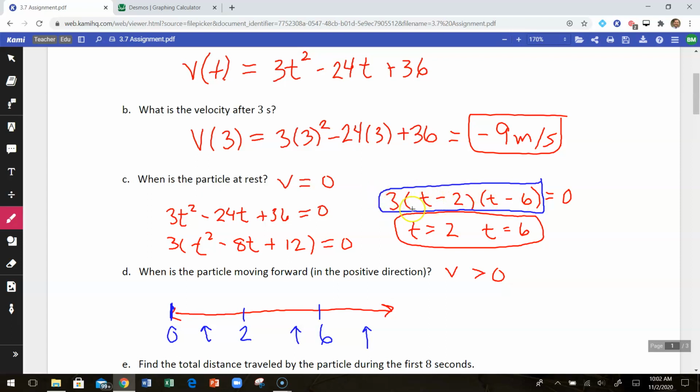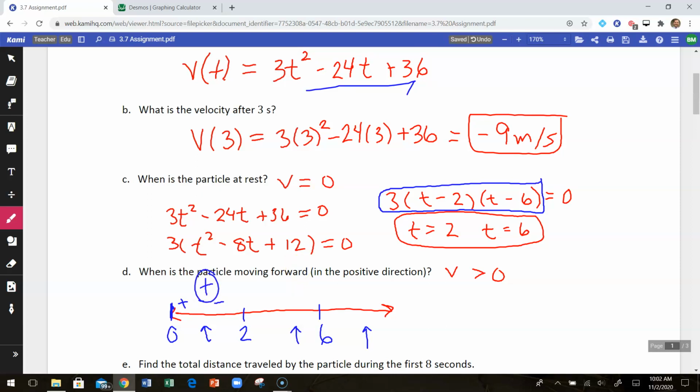Now I have this positive 3 out front, so I have that positive value there. Let's say I plugged in 1. 1 minus 2 is negative, and 1 minus 6 is also negative. So if I plugged in 1, I would have a positive number times a negative times another negative, which would give me a positive value there.